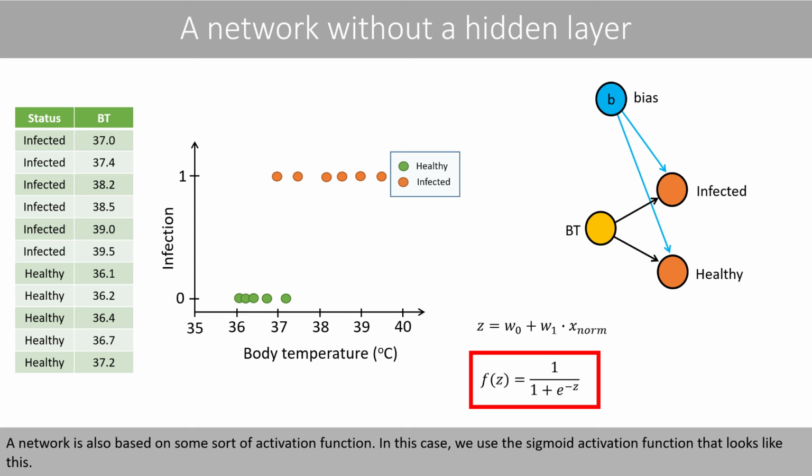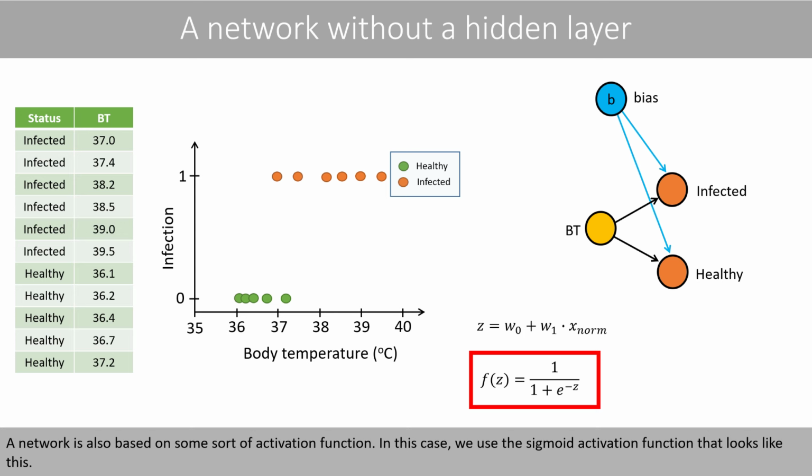If we compute the same thing for a range of different values between 0 and 1, and convert these normalized values between 0 and 1 back to their original scale, we will be able to draw the following curve that shows the probability that a person is infected given a certain body temperature.